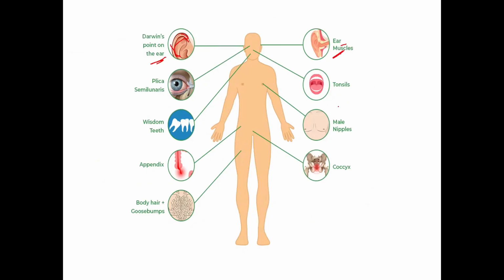Ear muscle, tonsils, plica semilunaris, wisdom teeth, the third molar, male nipples, not required, not in use, even the appendix. The appendix was present in ancestors to digest cellulose, but today we don't consume cellulose. Coccyx, body hair, goosebumps, these are all vestigial organs.